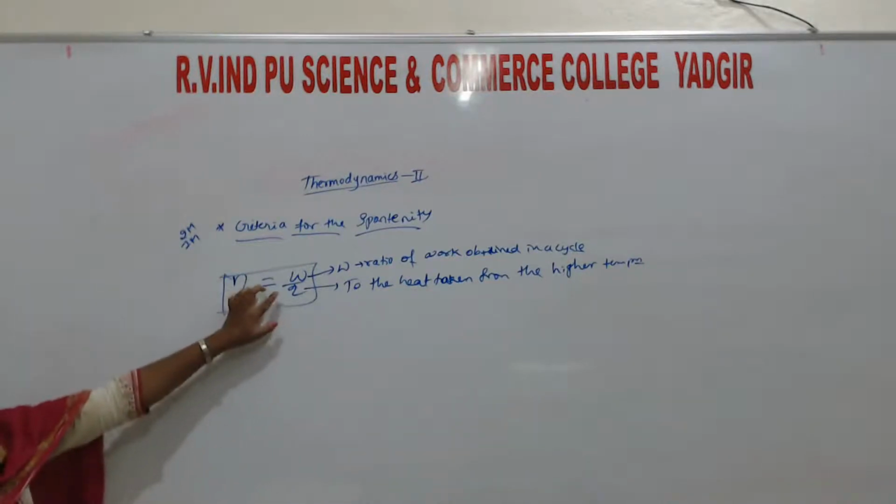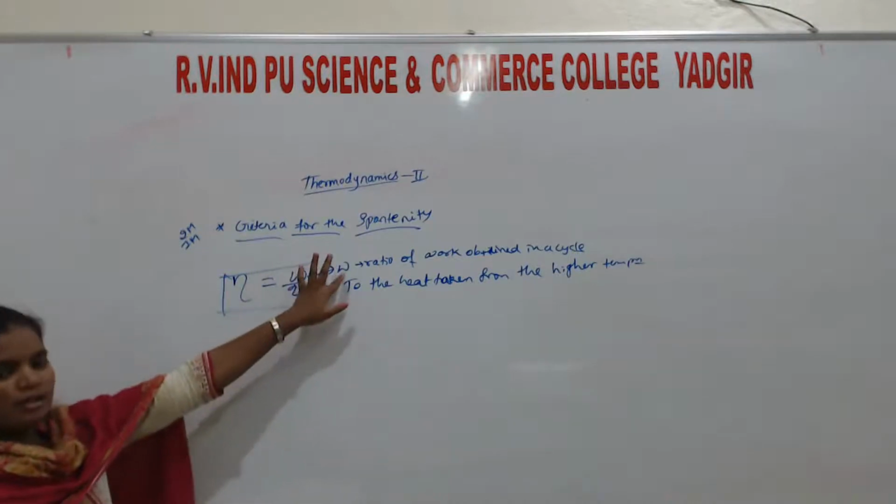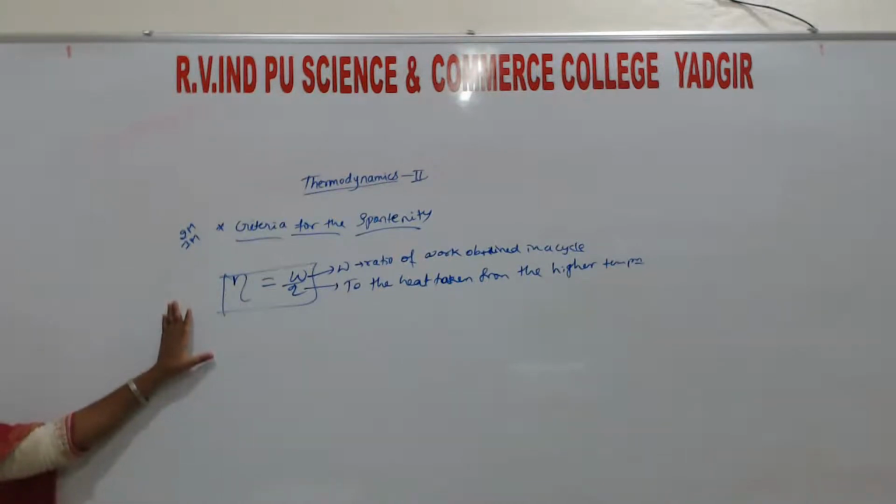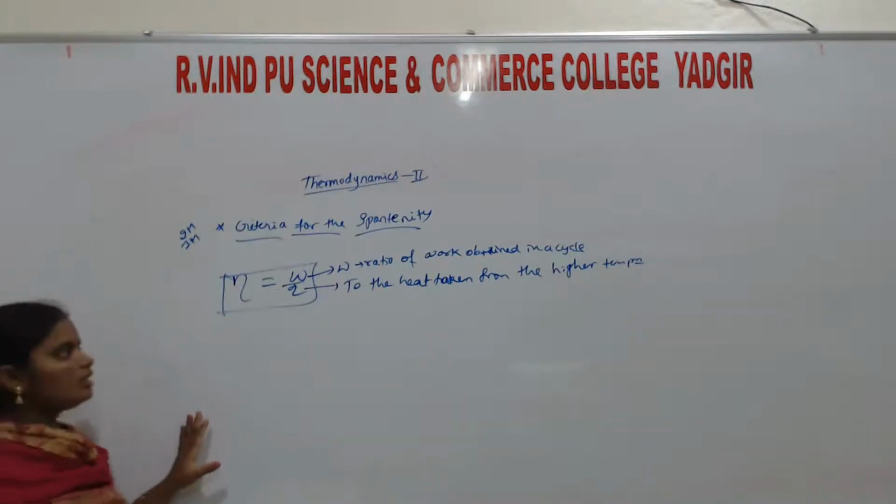That is, this is W and this is Q. It is known as capital Q, and this ratio is referred to as the efficiency of a heat engine.